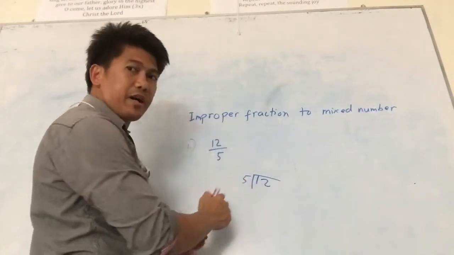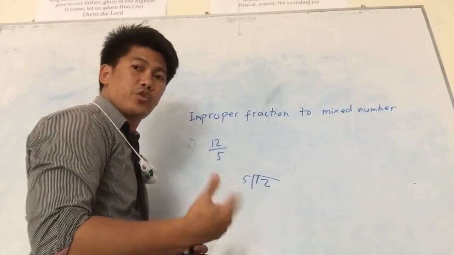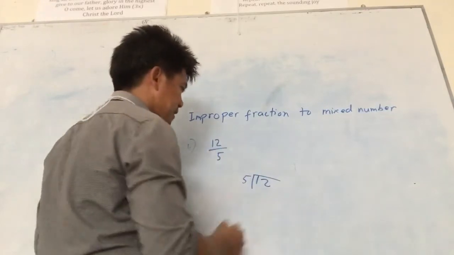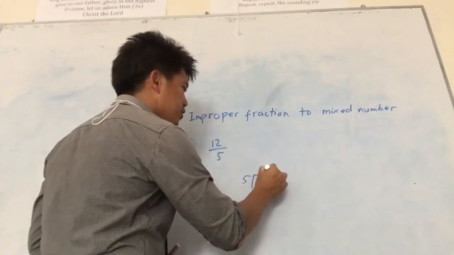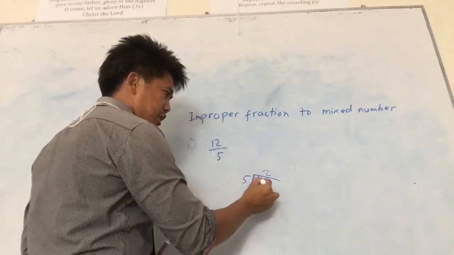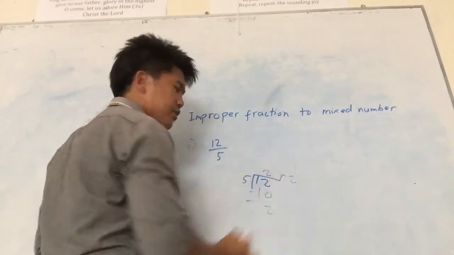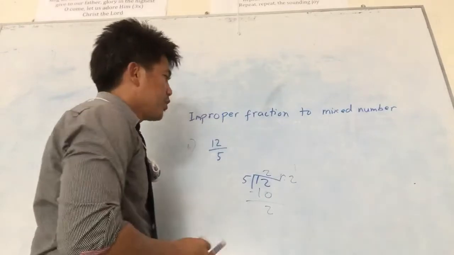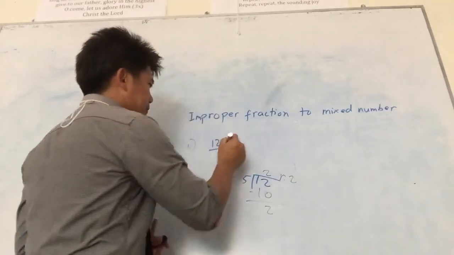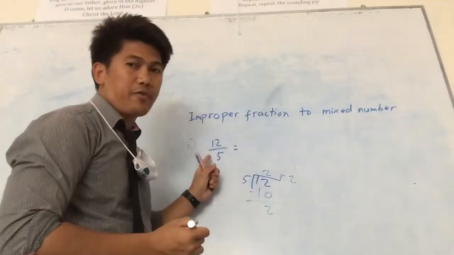12 divided by 5 is, 5 times what is 12 or lower than 12? That is 2, right? 2 times 5 is 10. 12 minus 10 is 2. Remainder 2. Now this is how you make this into a mixed number.